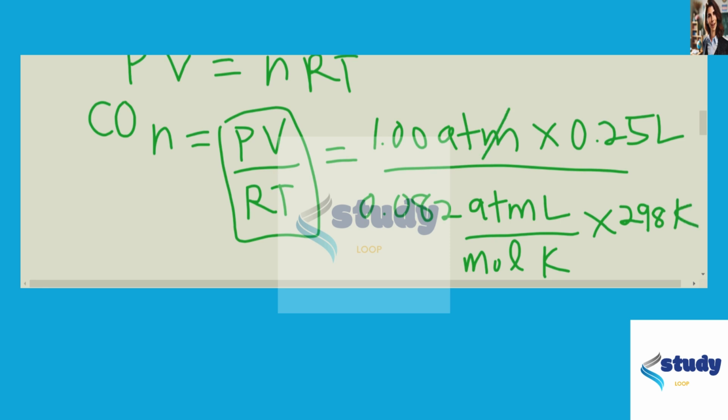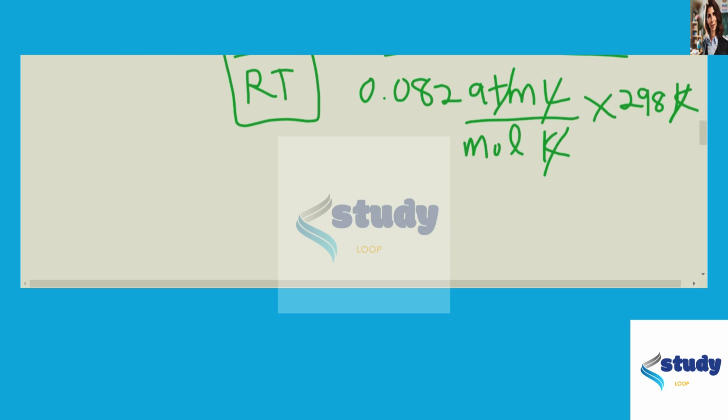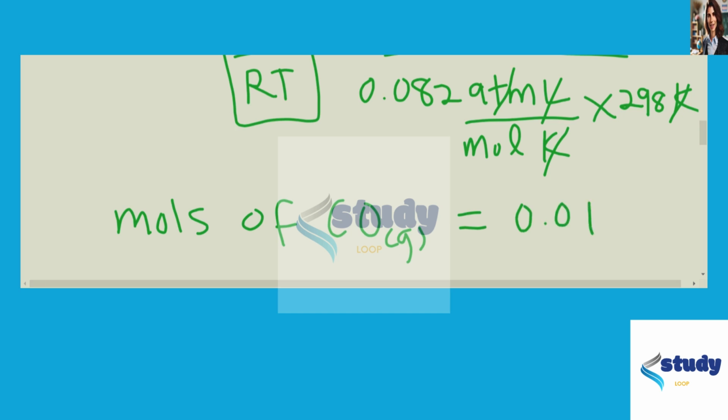So once we cancel out the units, atm for atm, liters for liters, Kelvin for Kelvin, we get a number of moles of CO gas, and that's going to be equal to 0.01 moles.